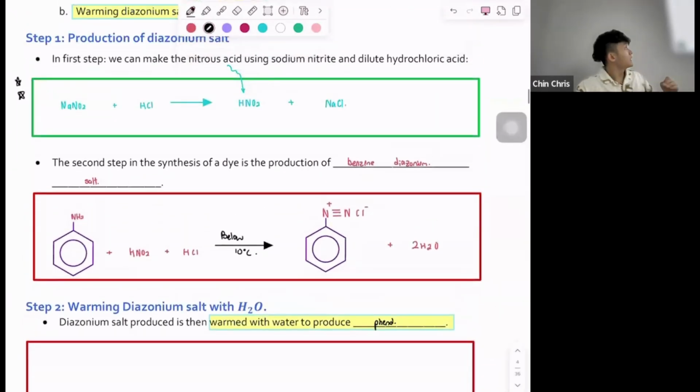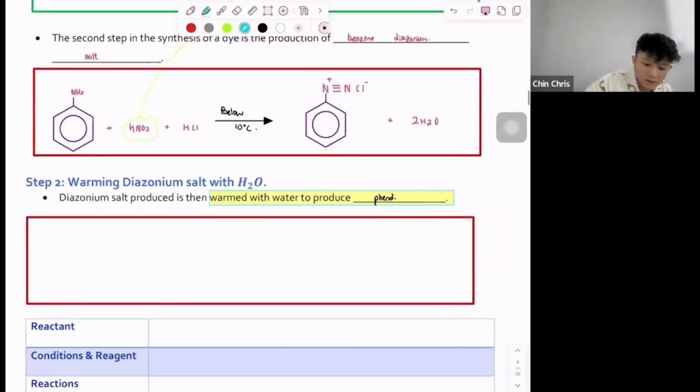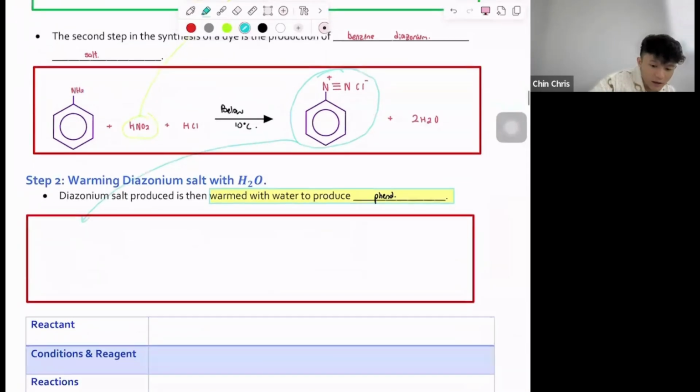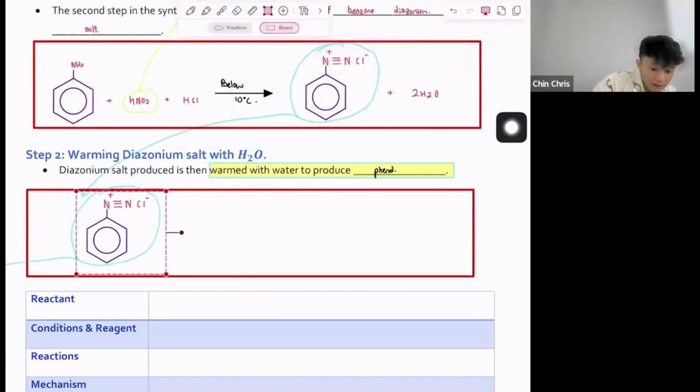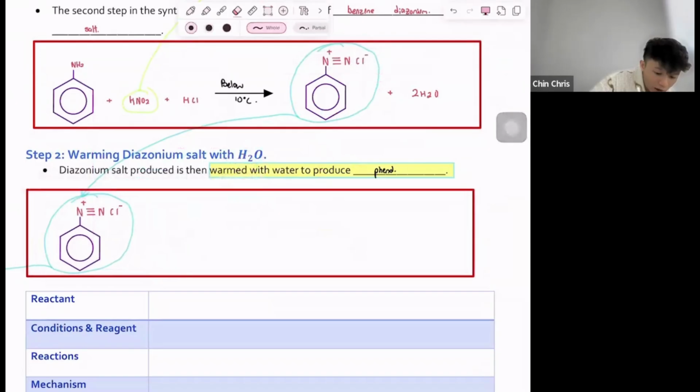Okay, guys, now let me repeat that. Your first step is to get HNO2. Second step, react your HNO2 with phenylamine. Then you get this diazonium salt. Once you get it, we're going to heat or warm it under H2O.